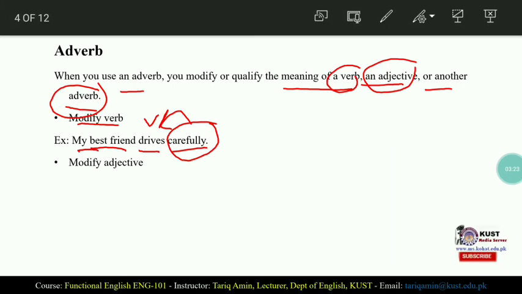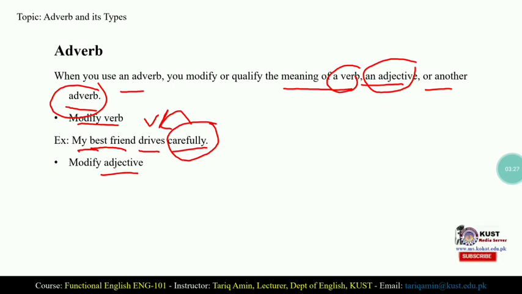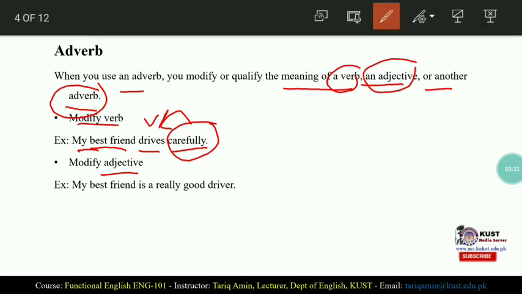Now, how do adverbs modify adjectives? Let's discuss it with an example. My best friend is really a good driver. In this example, my best friend is a noun phrase, is a verb phrase, and really a good driver. Driver is a noun, good is an adjective, and this adjective is modified by the adverb really.